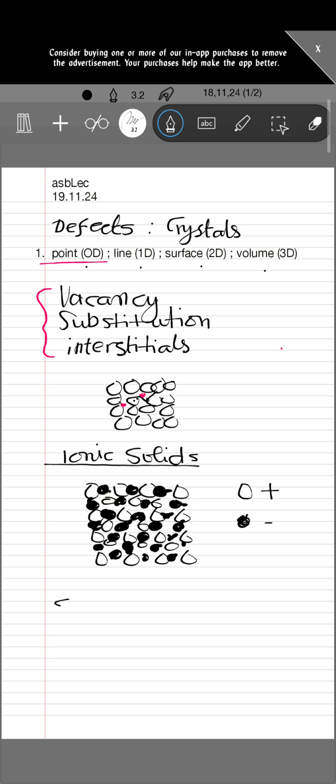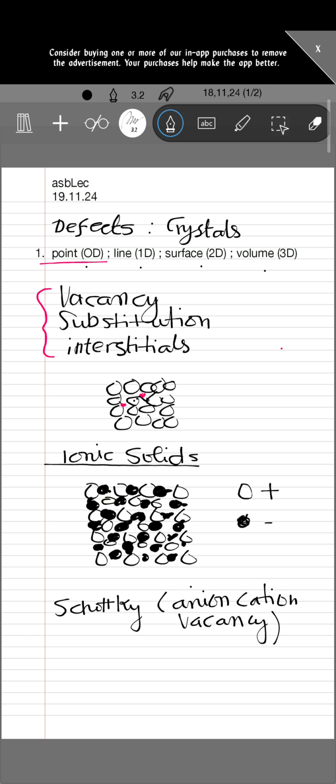So the Schottky defect is the one which consists of an anion and a cation vacancy. Now, the condition of formation of this defect is that the charge neutrality should be maintained. So, in a Schottky defect, a loss of an anion is compensated by a loss of a cation, so that there is no charge deviation.